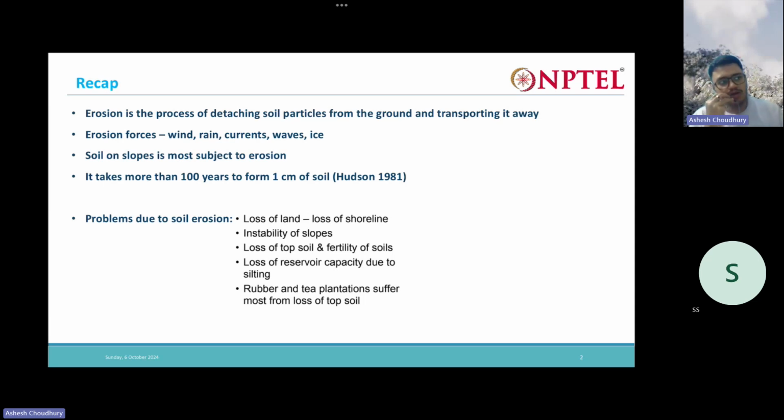We have the slope of the landfill, where you have to put the geomembrane. Sometimes we need to strengthen those slopes so that they do not fail. We will see how the stability of the geomembranes along the slopes of the landfill is maintained.